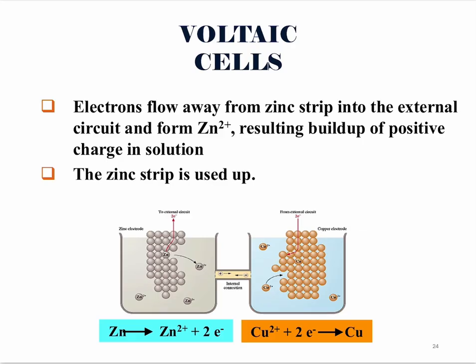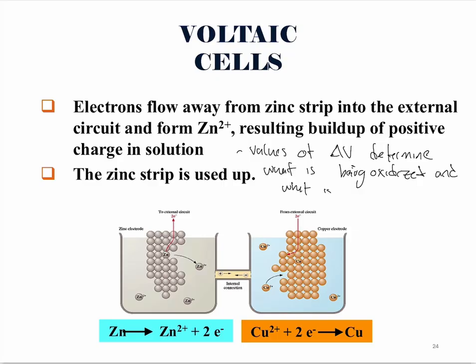So the values of the standard potentials, the values of delta V, determine what is being oxidized and what is being reduced.